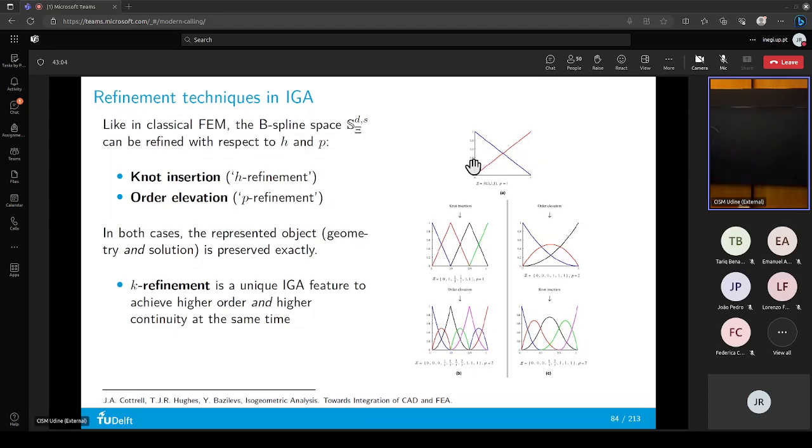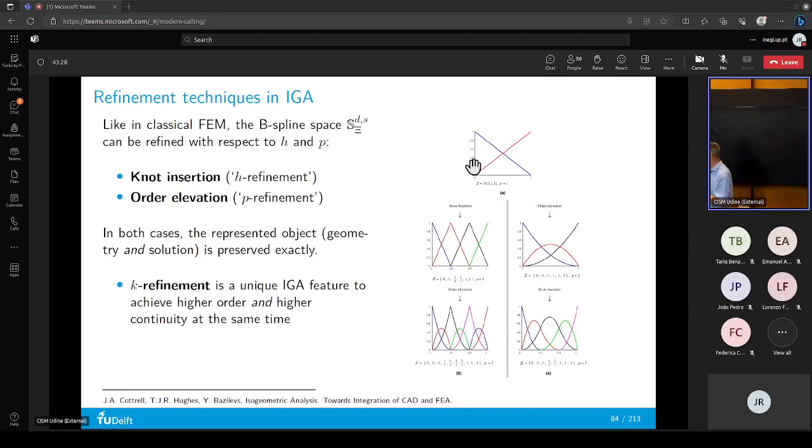And then there's something we do not have in FEM, so-called K-refinement, and that has to do with this order. In FEM, if I start with a C0, even if I increase the polynomial order, it remains C0. With K-refinement, I can do insertion and order elevation somehow.